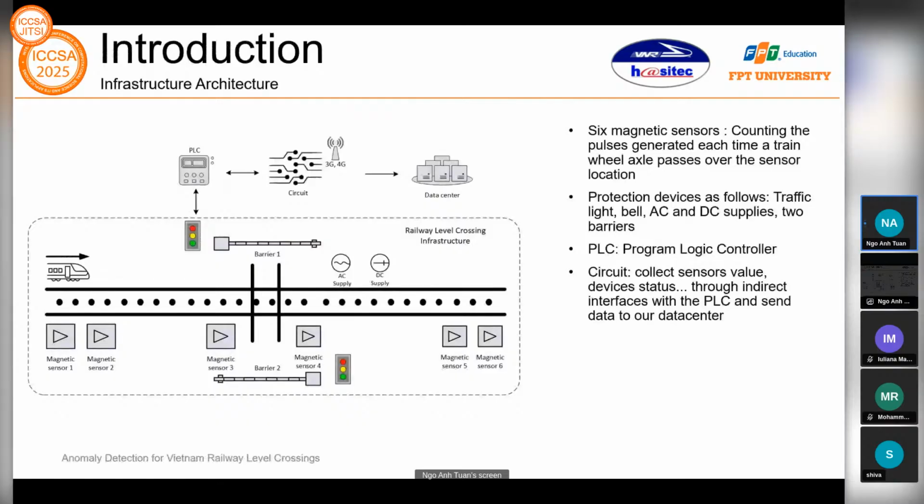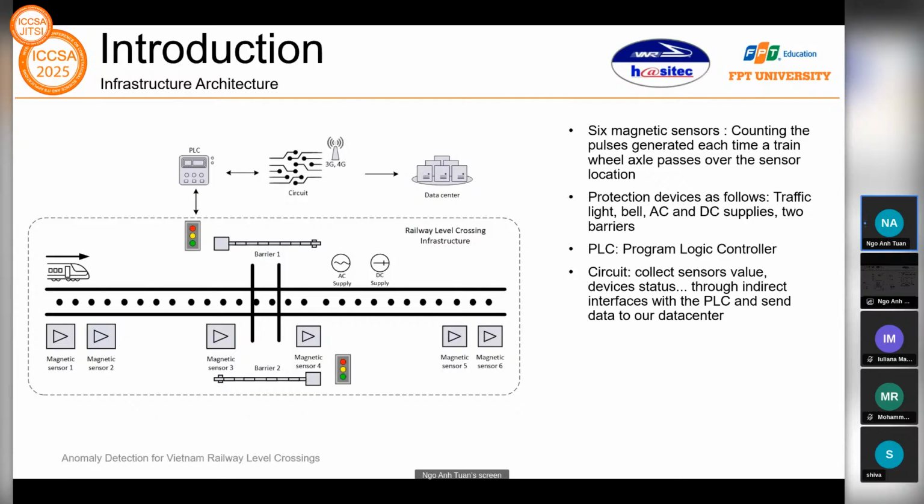These diagrams show the infrastructure architecture of a railway level crossing. In the diagram, the main device is the magnetic sensor, which generates a pulse each time a train passes over the sensor location.